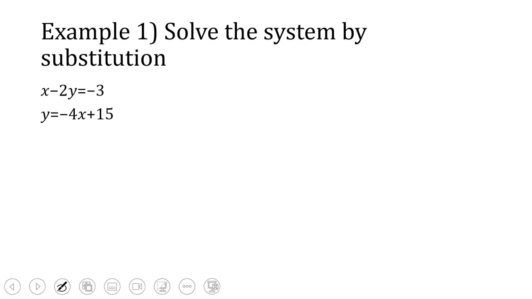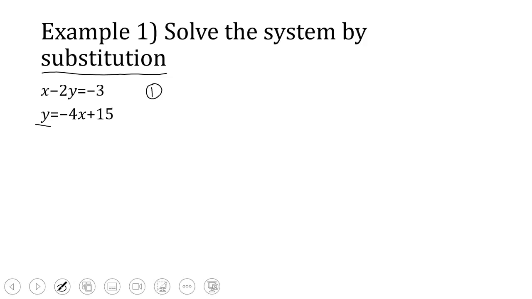Now you can identify the substitution method because if you look at the top equation, it has x minus 2y equals negative 3. The x and y are together on one side. Now look at the second equation. That y is by itself. So that's how I automatically know that we are going to use substitution. Our first step is to substitute.